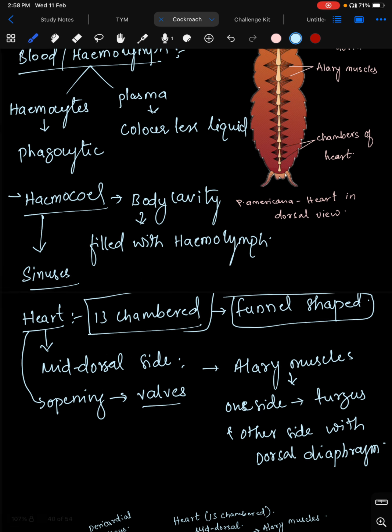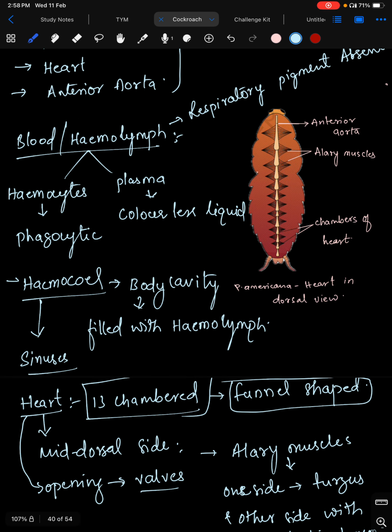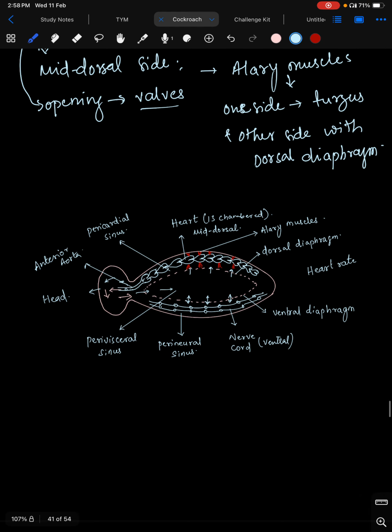Now we are seeing from the dorsal side. If you take the cross section, this is the diagram of the body of the cockroach. This is the posterior part of the cockroach towards the anterior part. You can see the 13 chambered heart is present like this. Here you can see the openings. Chambers are connected with the help of openings, and these openings are guarded with the help of valves.